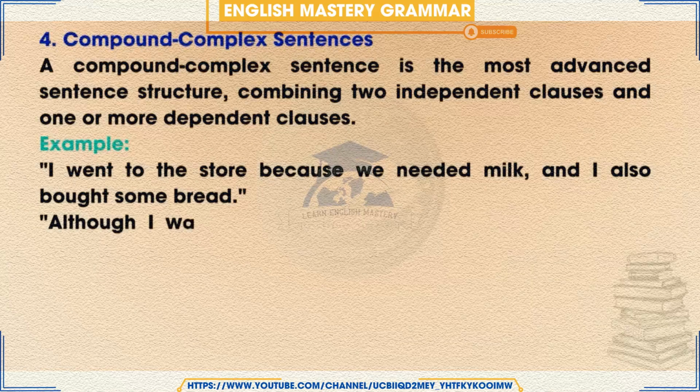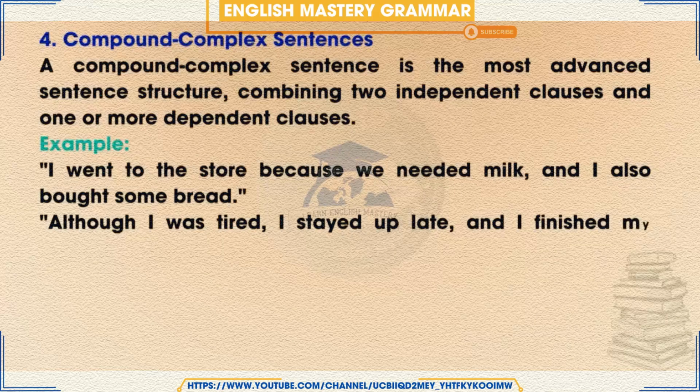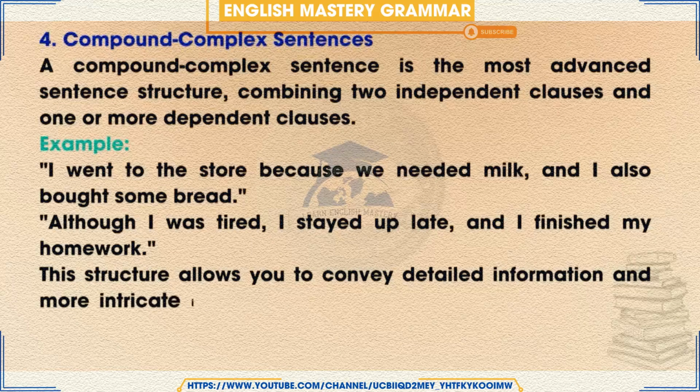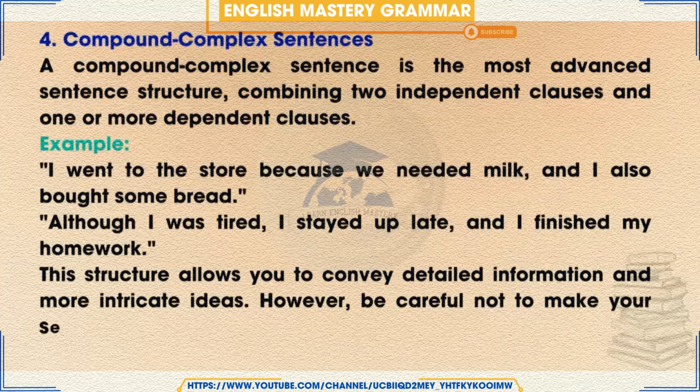Although I was tired, I stayed up late, and I finished my homework. This structure allows you to convey detailed information and more intricate ideas. However, be careful not to make your sentences too long and confusing.